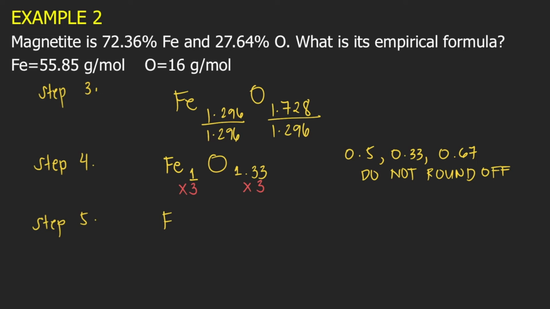So 1 times 3 is obviously 3. 1.33 times 3 is equal to 3.99, and that's approximately equal to 4. So the empirical formula of magnetite is Fe3O4. And this is the answer to the question.